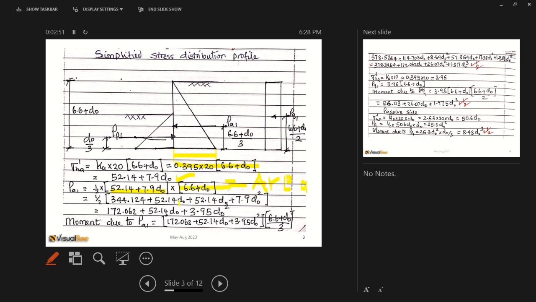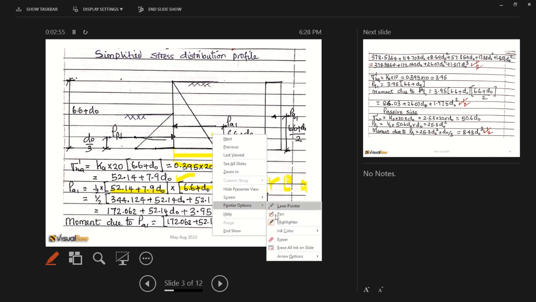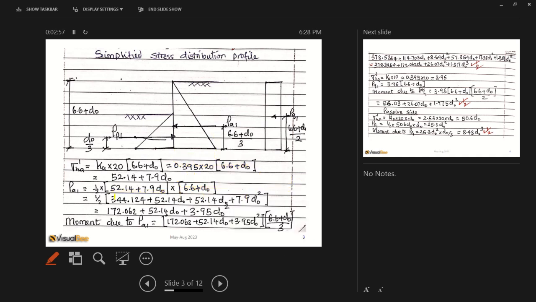This is a matter of algebra. So this is how to derive this equation, the formula.